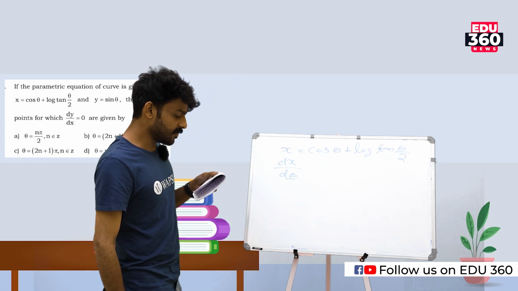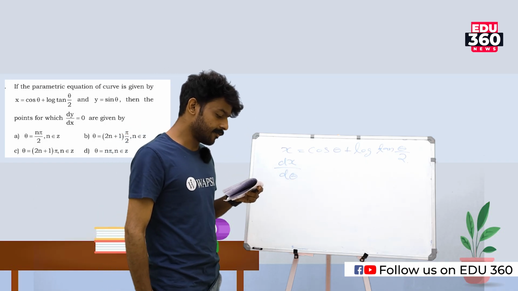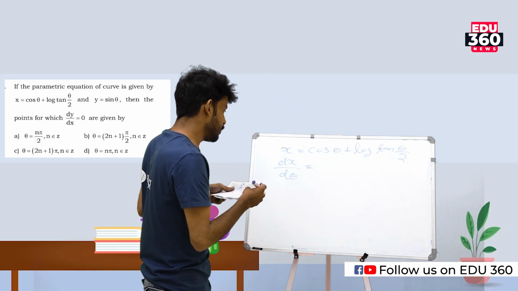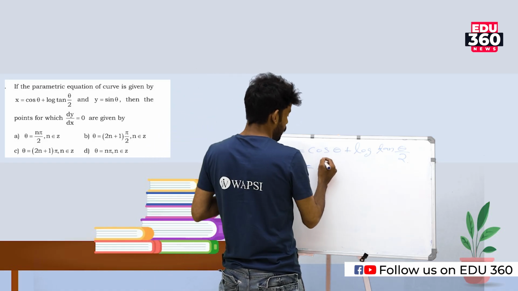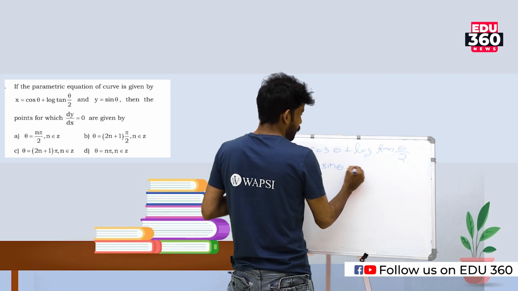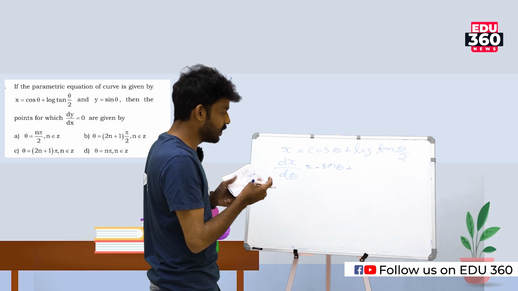So here in the question, we need to find the value of theta. So first of all, we are going to find the derivative of this: cos theta gives minus sin theta, plus the derivative of log tan theta by 2.